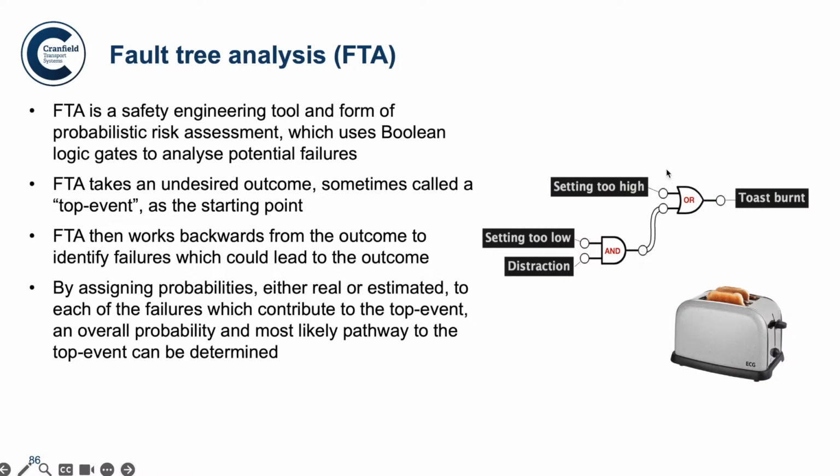How many times did I set it too low? Well, that's maybe 0.3, 30% of the time. Out of that time, maybe 15%, 0.15, I get distracted. So I can put those probabilities on these nodes, and then they flow through, and we can see how likely the toast is to be burnt based on each chain of events.